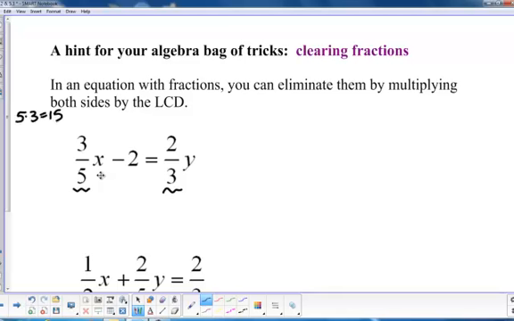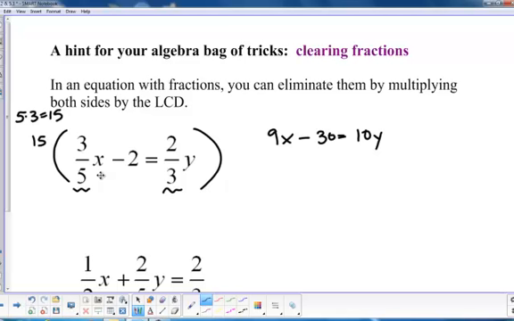So if we multiply this whole thing by 15, 15 times 3 divided by 5 would be 3 times 3, which is 9, because the 5s will cancel. And then 15 times 2 is 30. And then 15 times 2 divided by 3 is going to be 10. Do you see how that is way nicer of an equation to work with?